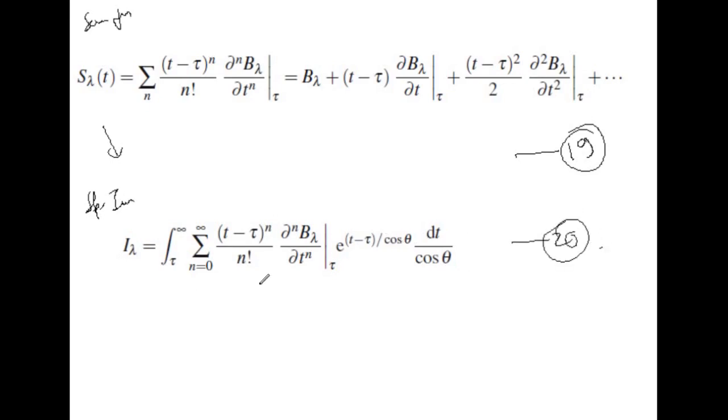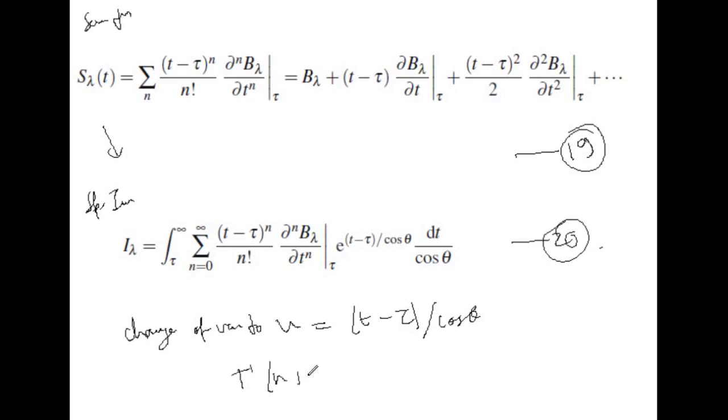Now we can perform the integral by making a change of variables. So let us do a change of variables to u is equal to t minus tau by cos theta. And also note that gamma of n plus 1 is equal to the integral from 0 to infinity of u to the power n e to the power minus u du.